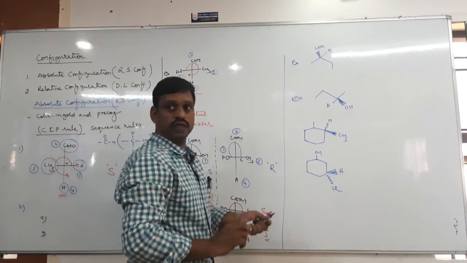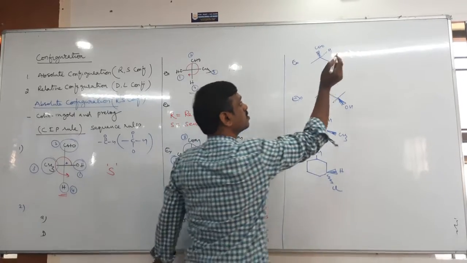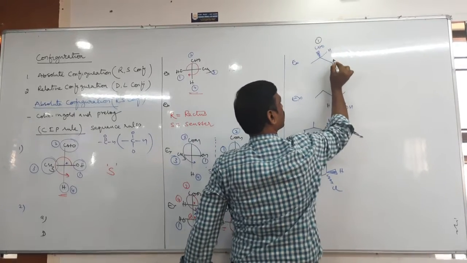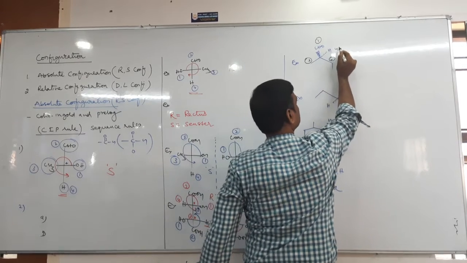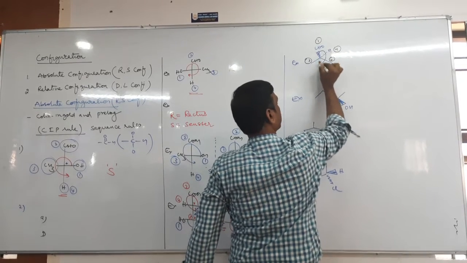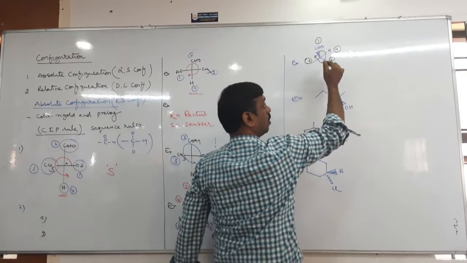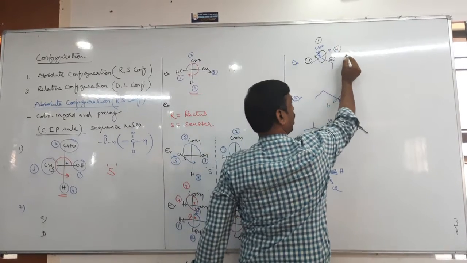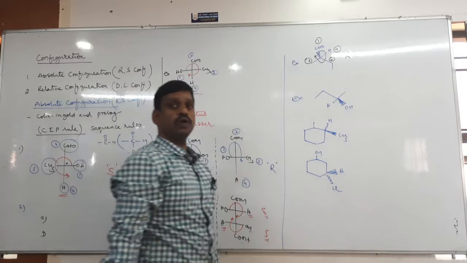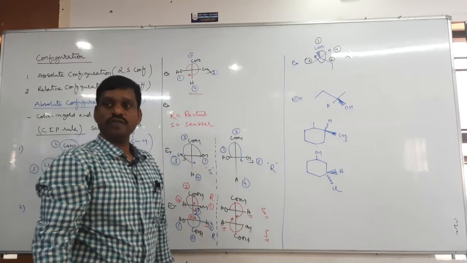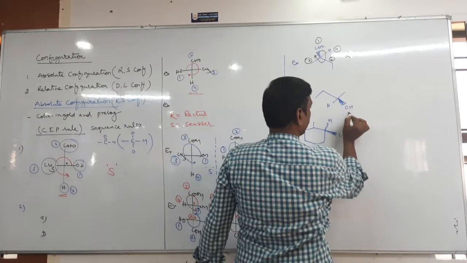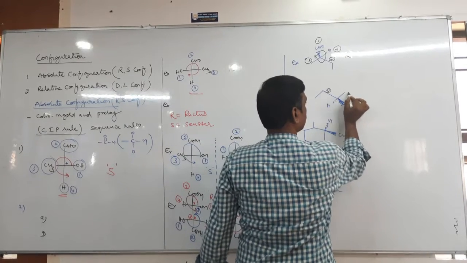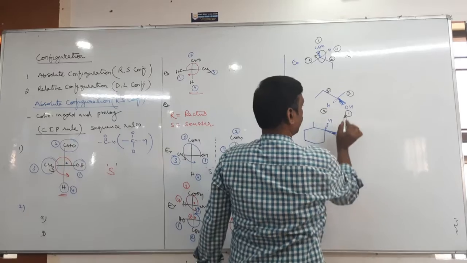So identify R/S. Aldehyde is 1, this carbon 2, this carbon 3, it is 4. Connect 1, 2, 3: clockwise, and the fourth priority group is below the plane, away from the observer, that is R. Next, 1, 2, 3, 4.